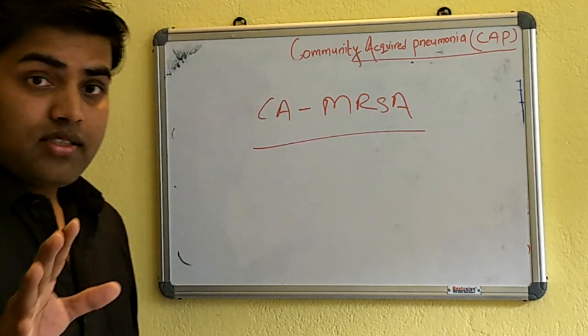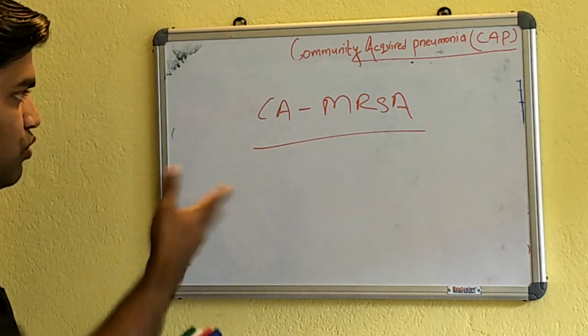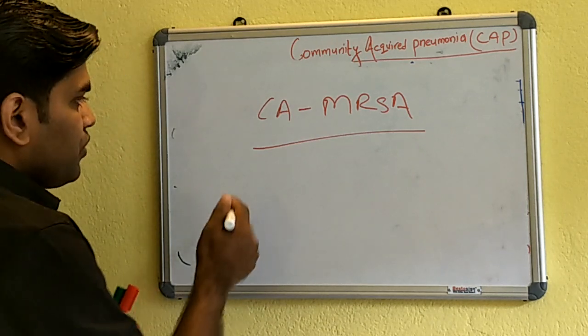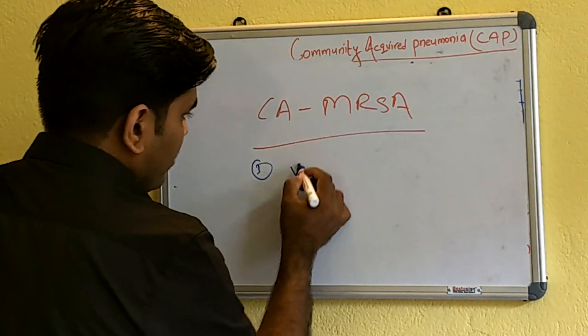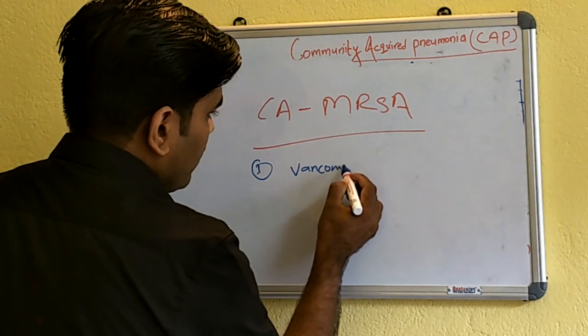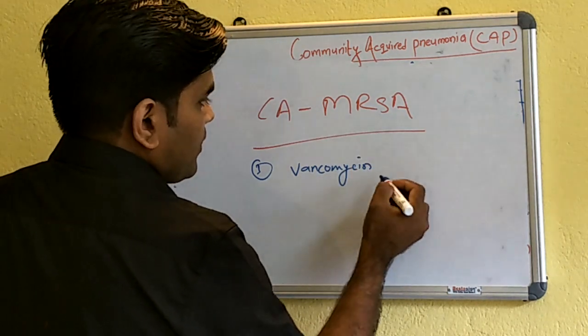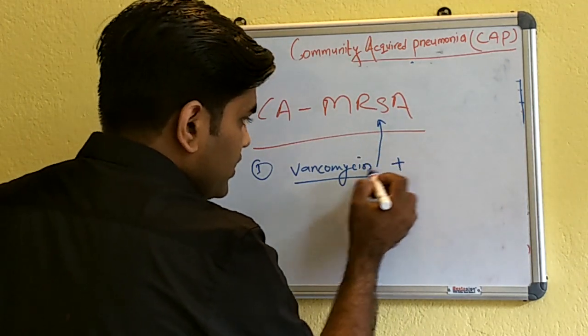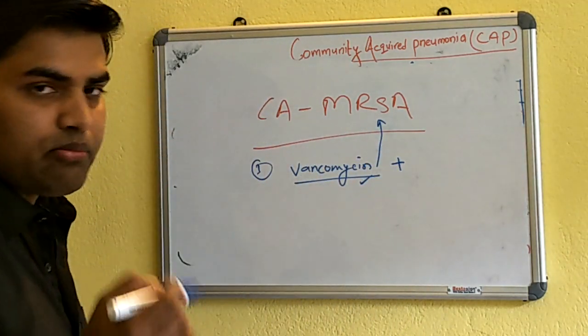Okay, so that is decontamination. But how do we manage the community-acquired MRSA? For that, you can go for vancomycin. This will cover the MRSA, but it is not going to cover the toxin production.